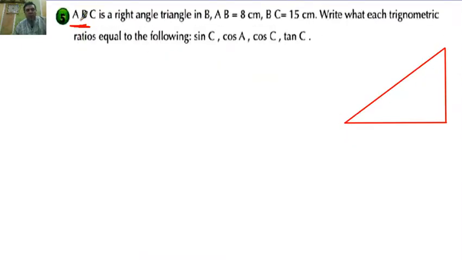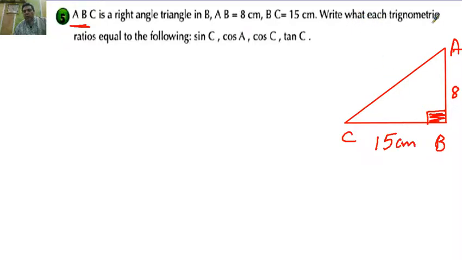Number 5: ABC is a right angled triangle at B. AB equals 8 centimeters, BC equals 15 centimeters.